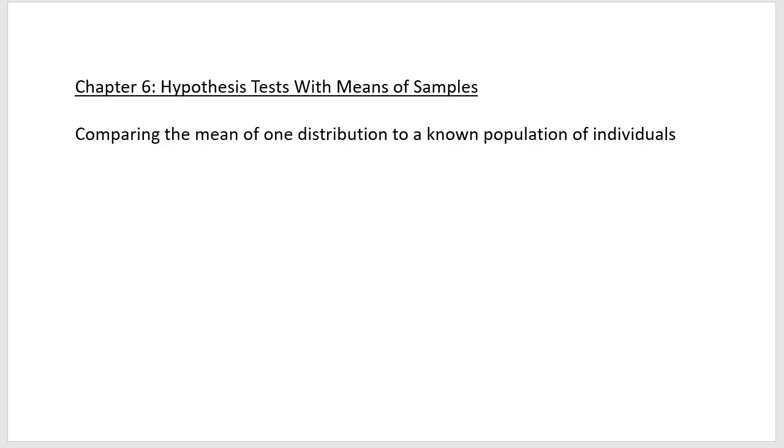In chapter 6, the big deal is that we are going to compare the mean of one distribution to a known population of individuals. Let me give you a quick for instance. Let's say that people at Olivet College, called the population, like the KC food maybe a 5 out of 10.